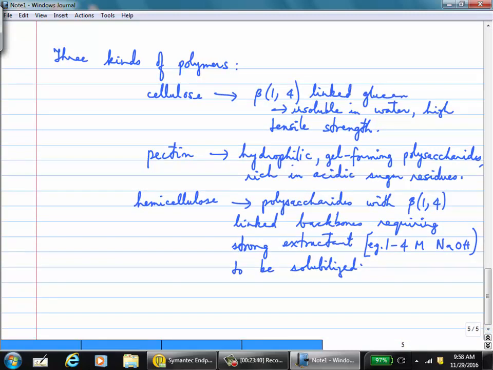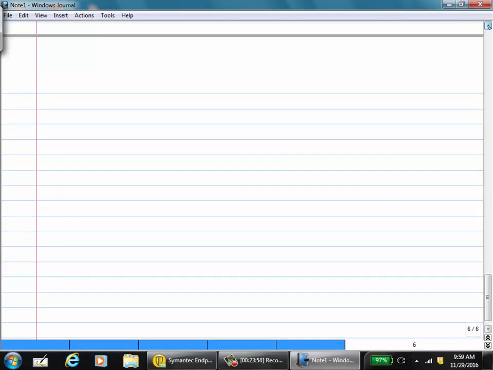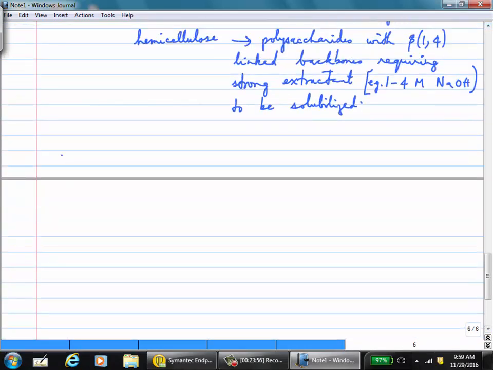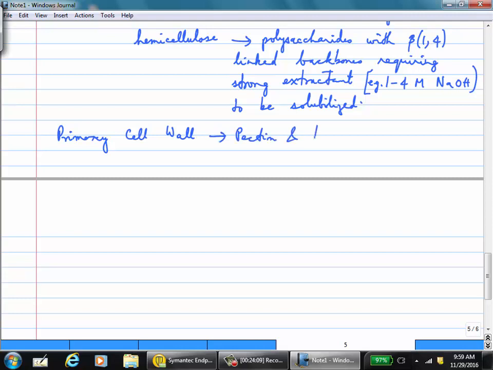We've talked about primary cell wall and secondary cell wall. The primary cell wall will mainly have hemicellulose and pectin, because remember the primary cell wall has to have flexibility. So the primary cell wall is made mostly of pectin and hemicellulose.